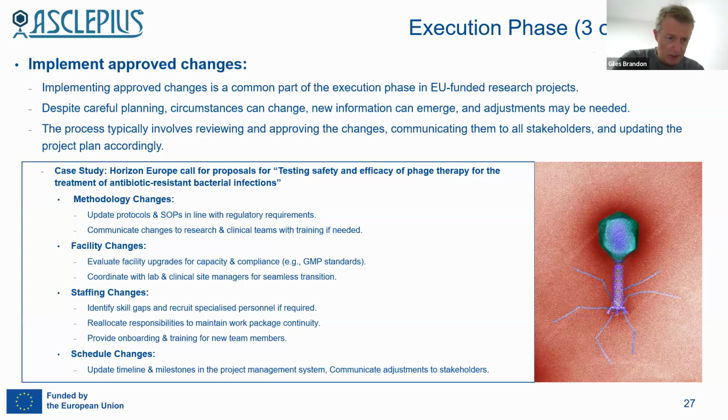The other category of change, a classic one, is schedule changes. Often the activities that we had planned don't run as smoothly or as quickly as we had foreseen, and we require extensions to the project.